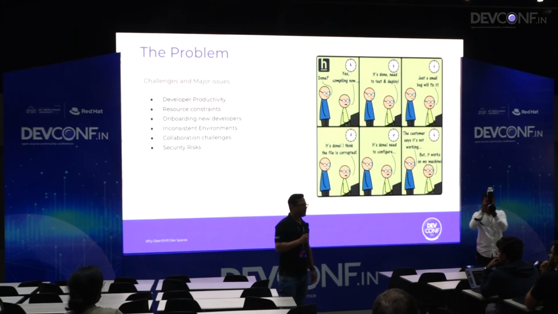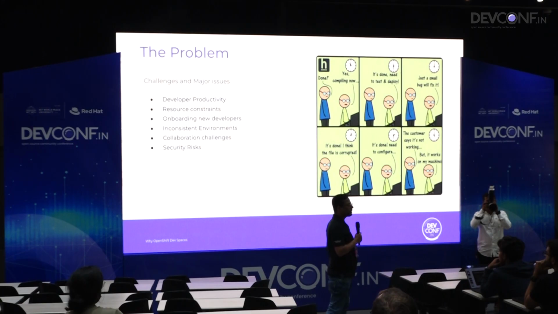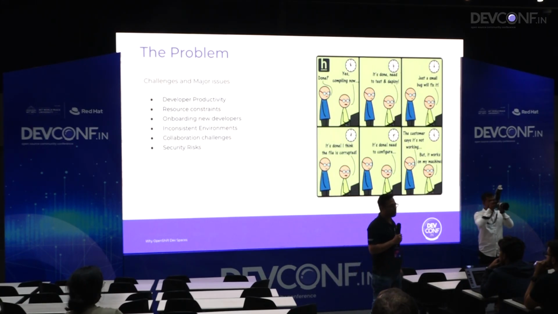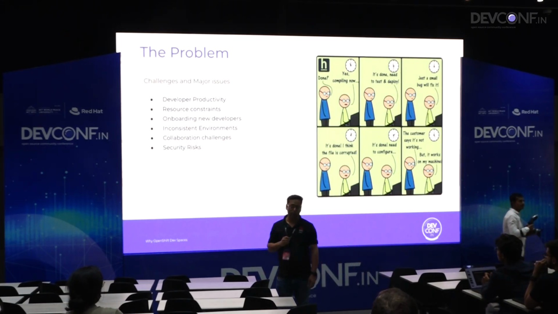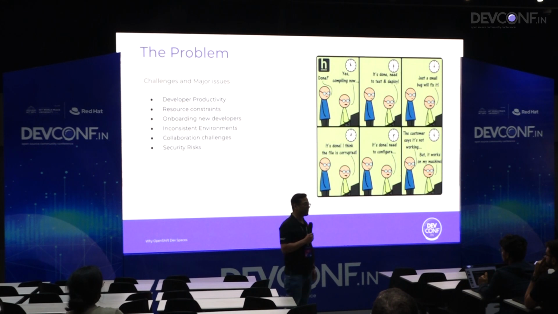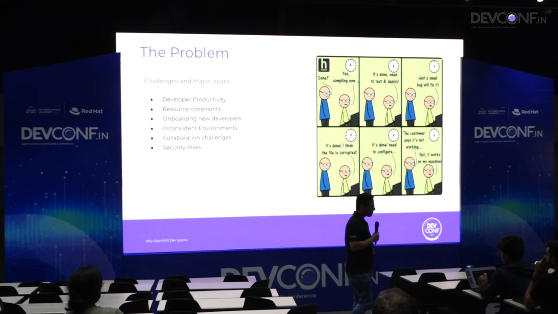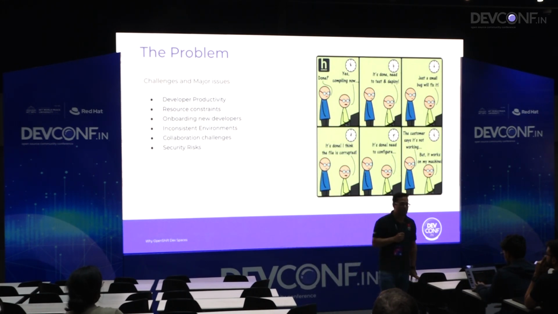Collaboration can be difficult if the developers are working on different local development environments. Let's suppose they are trying to reproduce an issue, but both of them are having different libraries in place, right? So that's another problem. Security: laptops are difficult to secure and easy to lose. On top of that, there are certain typical applications which might not be okay to hold their code on the local desktops or laptops, right?